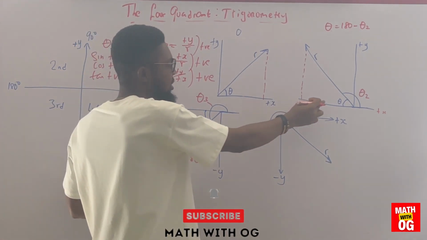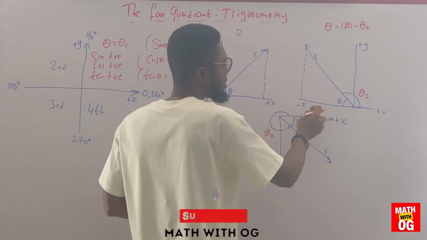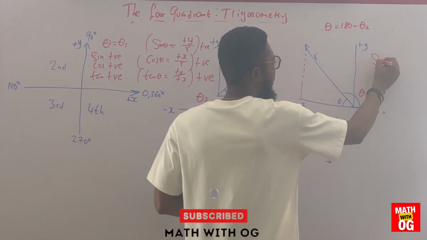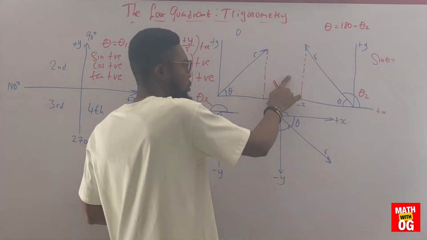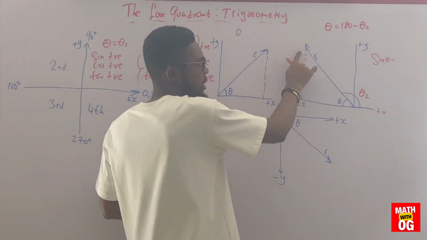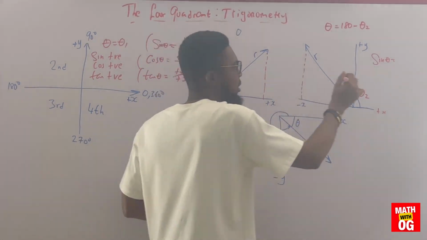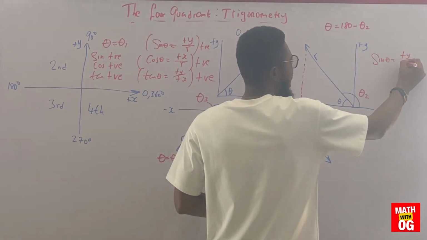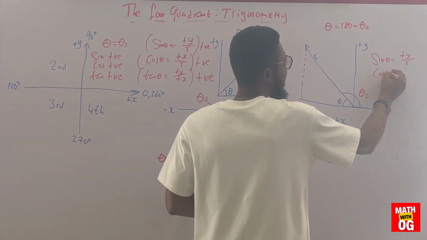So we have to work with this theta here. So from here, you can see that my sine theta in this case is opposite over hypotenuse. Opposite in this case is positive y. You can see it here, positive y over r.